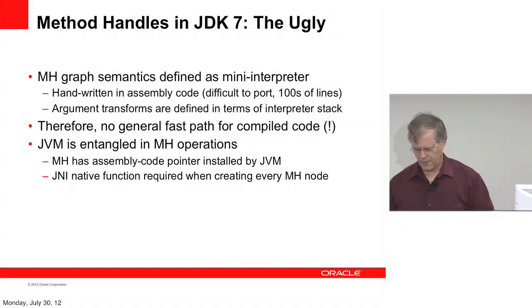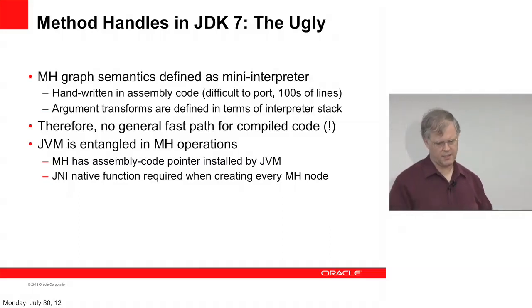In fact, the root problem, I think, is that the JSR 292 implementation in Hotspot grew up along with the prototyping of at least 3 major versions of the JSR 292 specification. So what we thought we were building when we cut the first code turned out to be different by the time we were done with JDK 7. So there's a lot of architectural decisions in there that it wasn't the right time to revisit in JDK 7.